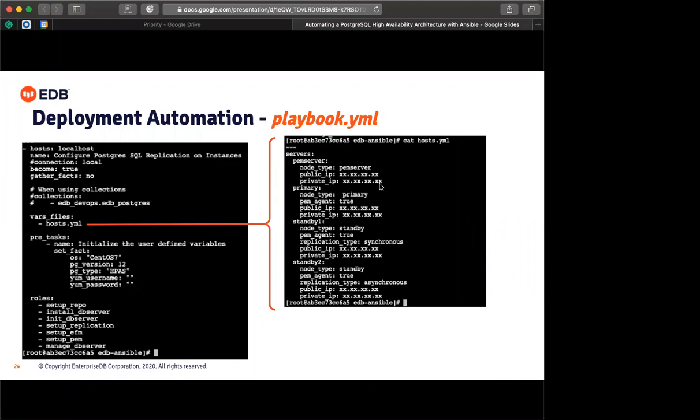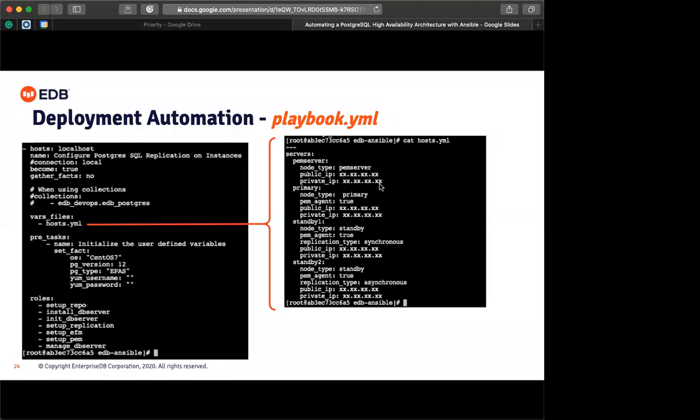You can define the node type primary, and you can mention whether you want to deploy PEM agent, which is again a monitoring system with the primary deployment. You can say pem_agent equals true. You can pass on a public IP address and the private IP address. In the same fashion, you can define the standbys or replicas. The node type will be standby, and you can mention whether you want to create a synchronous replica or asynchronous replica.